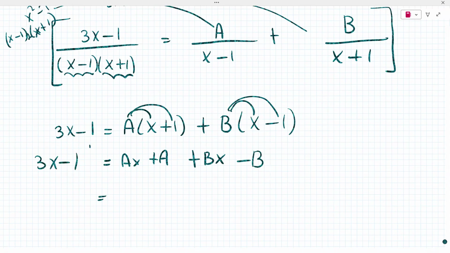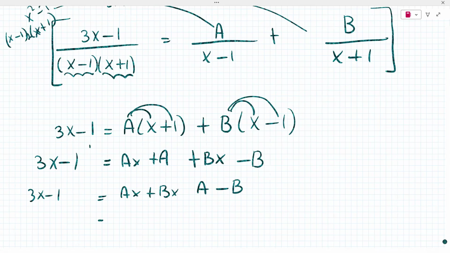Now what I would do is collect like terms. So let's collect anything with x's. So we have an Ax plus Bx. And then let's collect everything without x's. So we have an A minus B. So this is 3x minus 1.